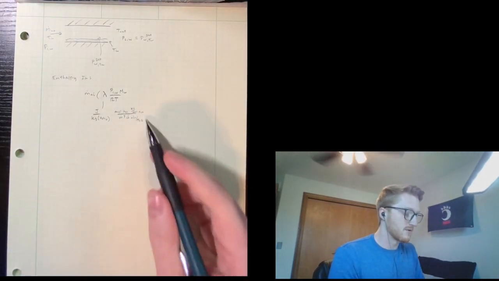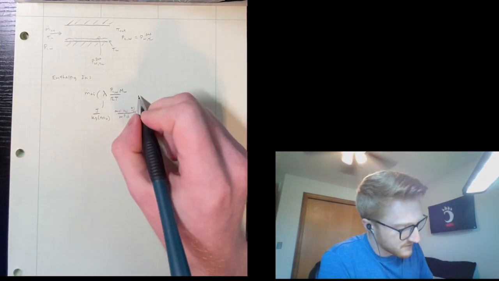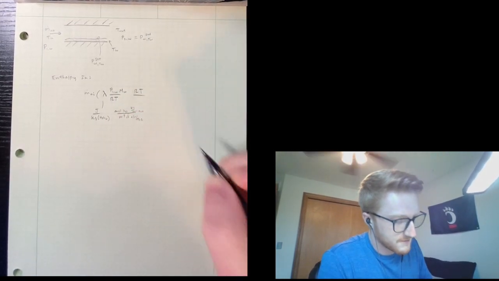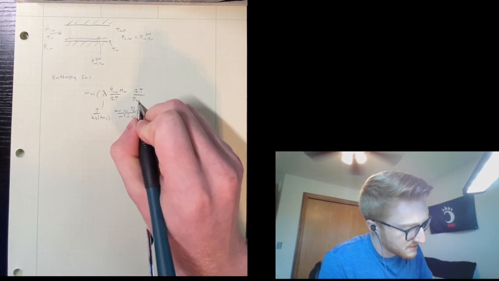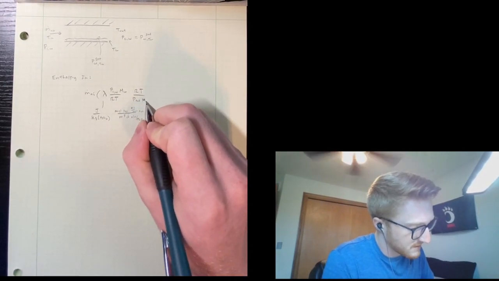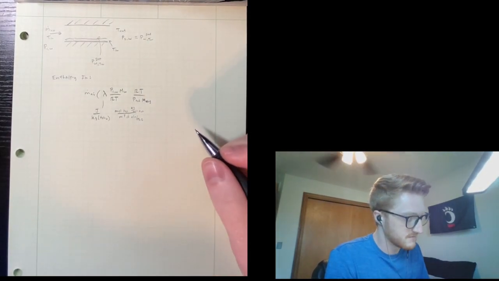But this is for everything, and we just want the water. So we multiply this by the gas constant times the temperature over the total pressure. Again, we want this in kilograms, so we divide by the average molecular weight of the air and water system.